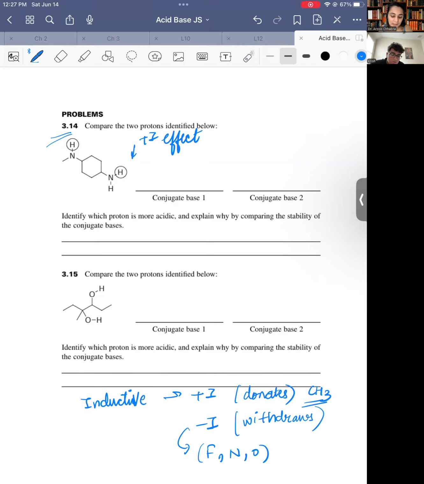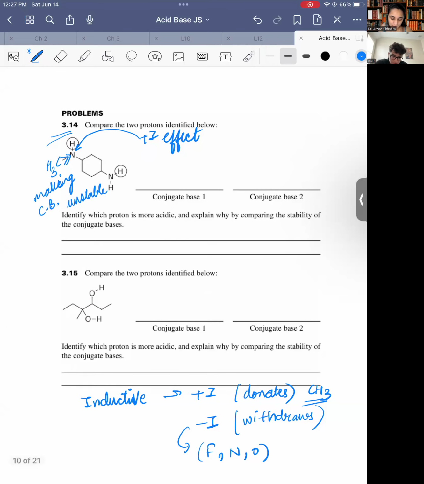So the plus I effect is acting up over here. You're right, because the CH3 is donating the electron density on this nitrogen, so it's making the negative charge, the conjugate base, unstable. All right. So this is a plus I effect.